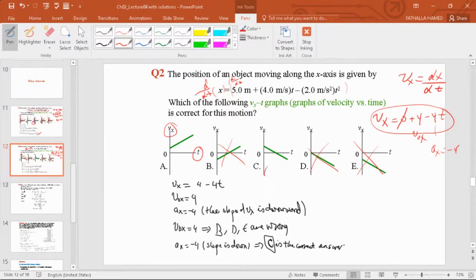So the right answer here is going to be C, where you start from a positive value, you get to a point where it becomes 0, and then it will be going in the negative direction. Is this clear here? That's basically similar to the free fall equations.